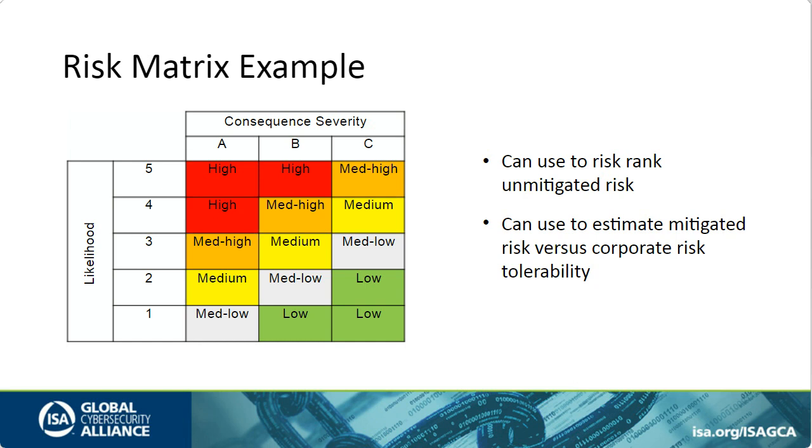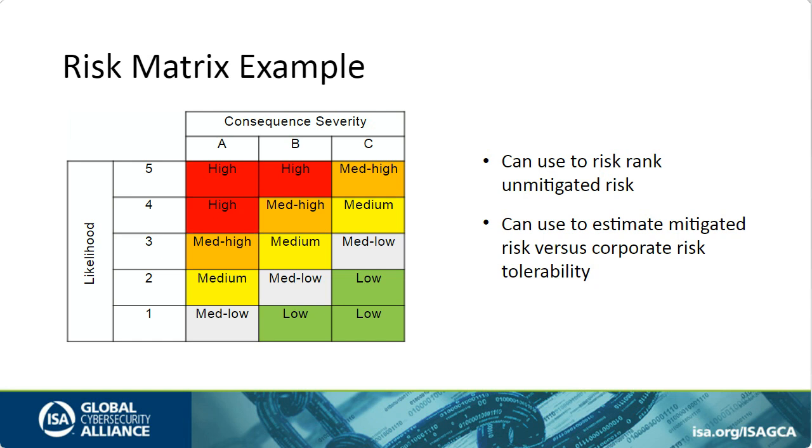You've got to do something to get some risk reduction. If you're down low in the green, it would be, all right, well, I really don't have to worry about this one. Let's move on. So if you end up in the high or the medium high or the medium, and potentially even the medium low, you'd potentially be looking to have additional risk reductions.